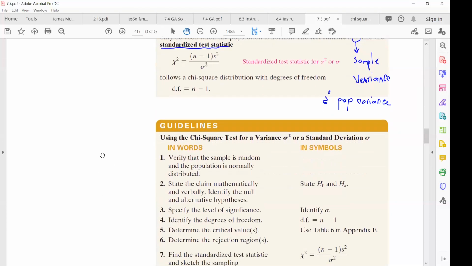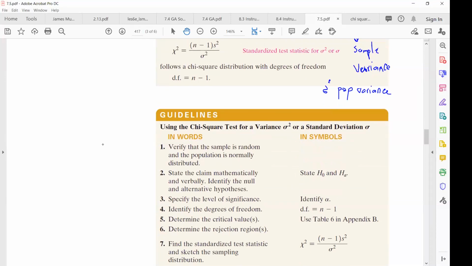So guidelines: first, you need to verify that the sample is random and the population is normally distributed. Then you need to form your null and alternative hypotheses, identify your alpha, level of significance, find degrees of freedom, n-1.